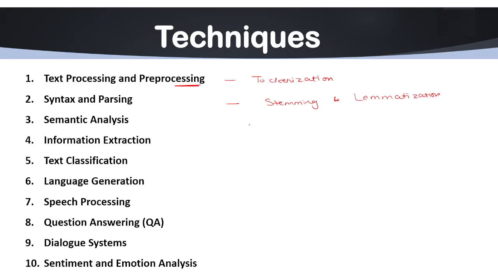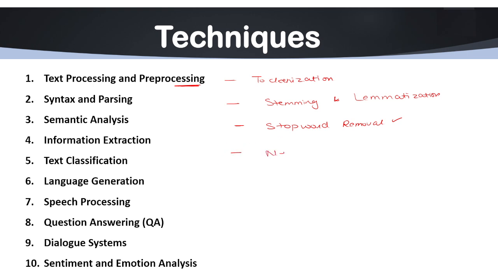Another technique under your text processing and pre-processing includes stop word removal. It eliminates commonly used words like is and the. Okay? It eliminates commonly used words that carry little semantic value.